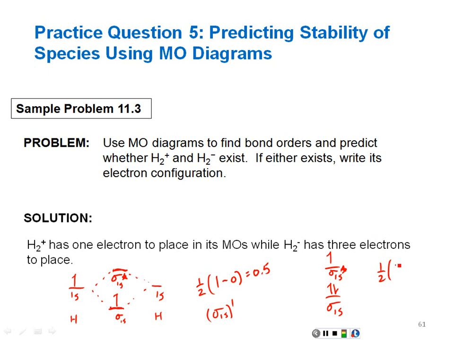We have 2 bonding electrons, 1 anti-bonding, so that again becomes 1/2 times 1, which equals 0.5. And now its electron configuration would be sigma 1s 2, sigma star 1s 1.